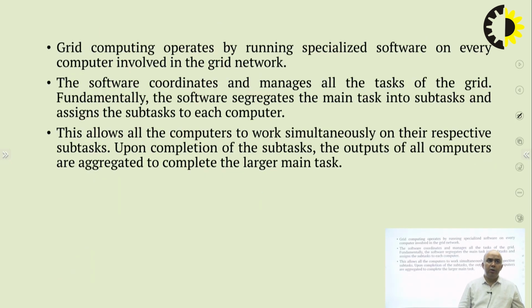So grid computing operates by running specialized software on every computer involved in the grid network. The software coordinates and manages all the tasks of the grid. Fundamentally, the software segregates the main task into subtasks and assigns each subtask to a computer or server.